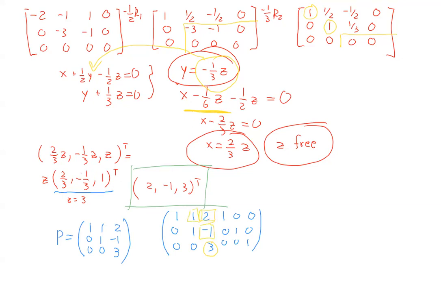And eventually that should be 0. That's exactly what I'm targeting right now. I make the last one pivotal, so 1/3 row 3. And this gives me 1, 1, 2, 1, 0, 0, 0, 1, negative 1, 0, 1, 0, 0, 0, 1, 0, 0, 1/3.